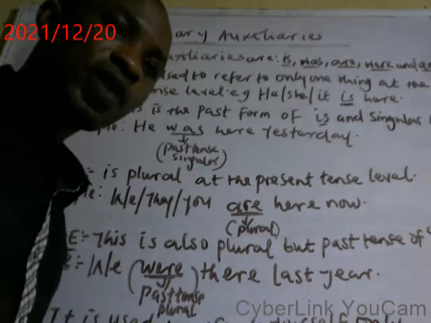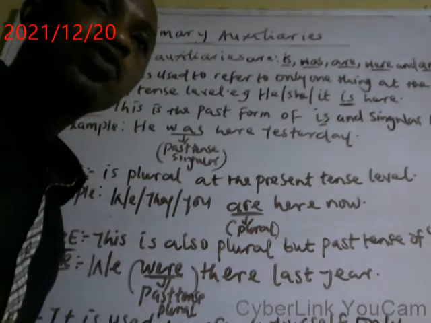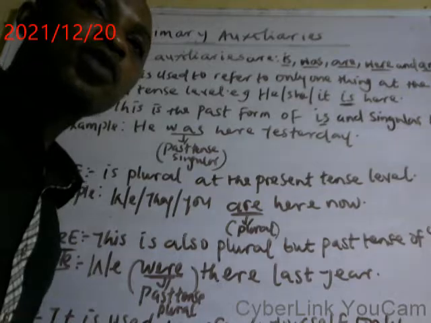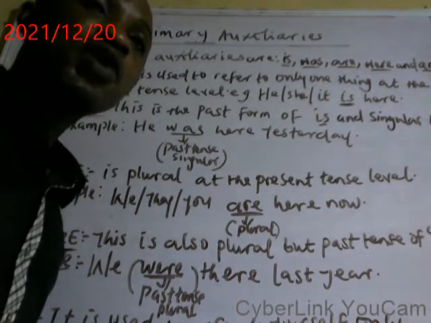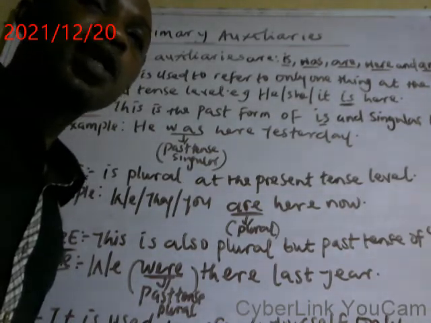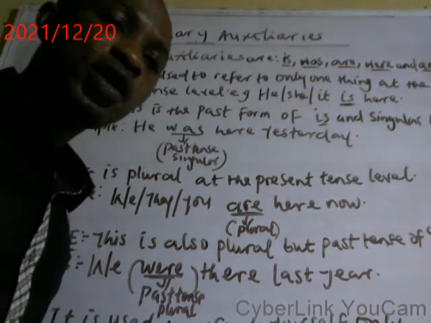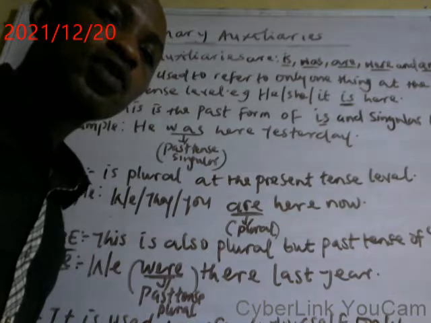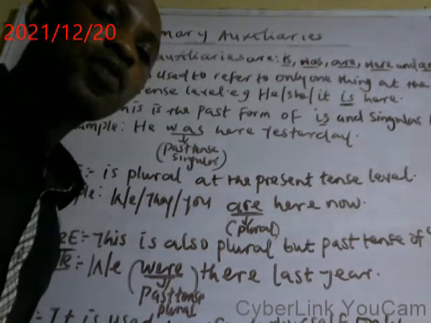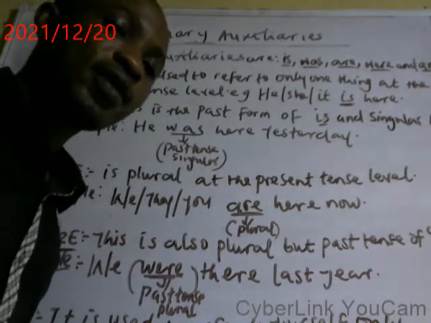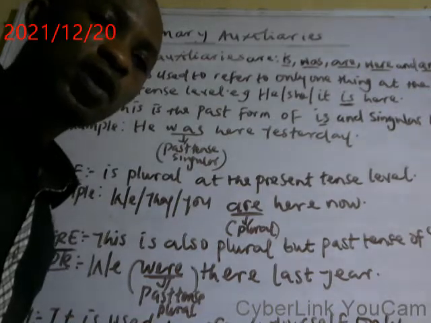But those who are non-native English speakers, maybe they use it as a second or third official language, may not readily understand what we are talking about when we say primary auxiliary. Okay?